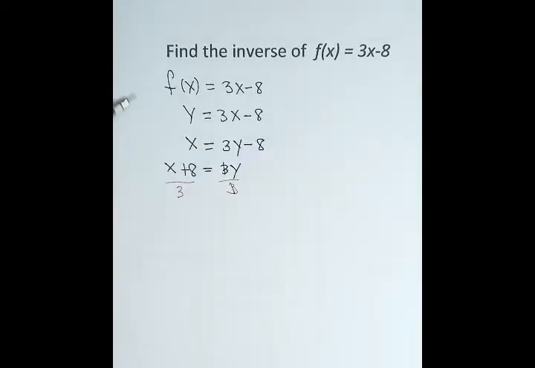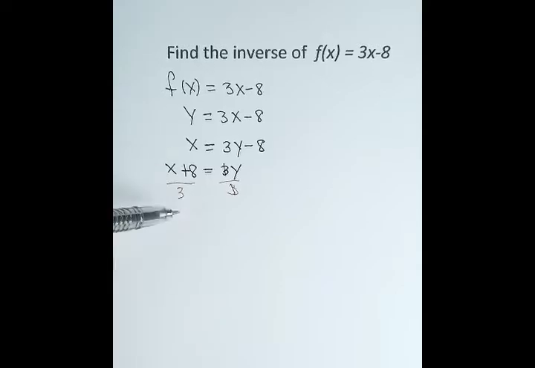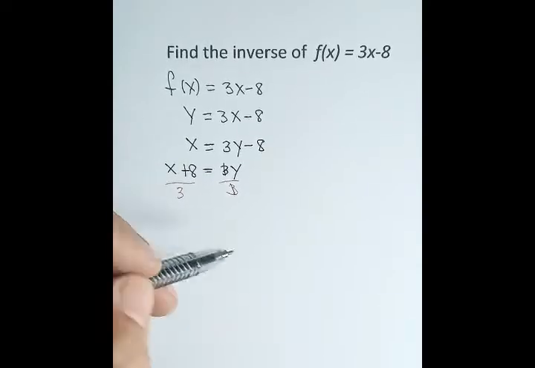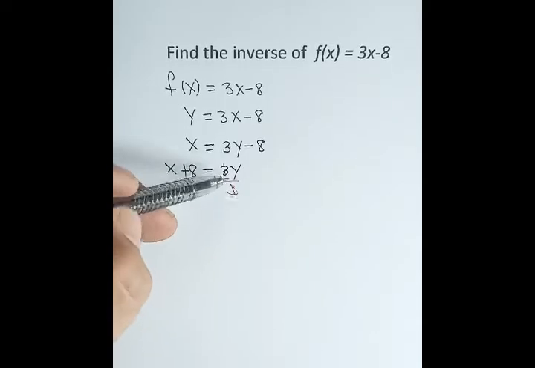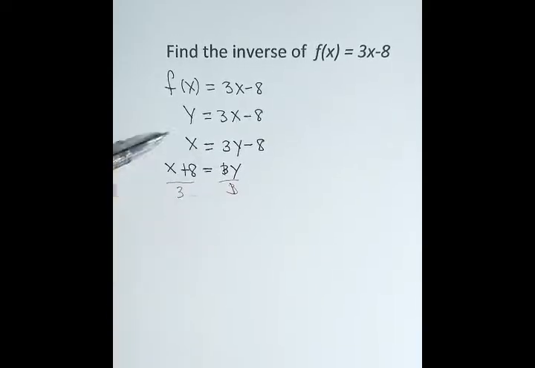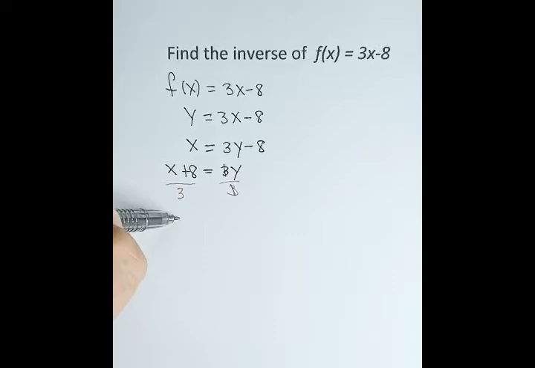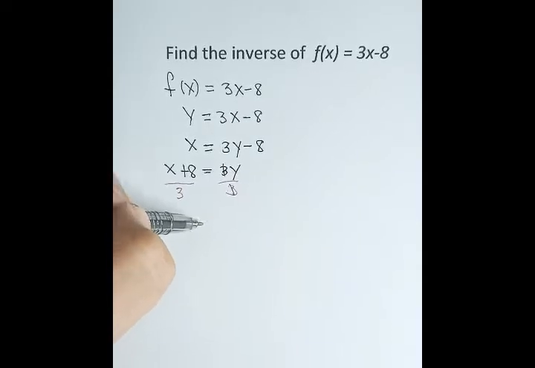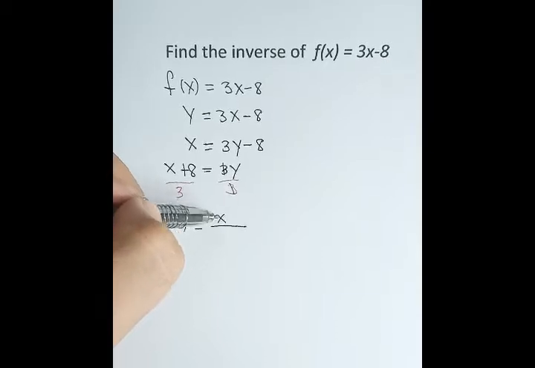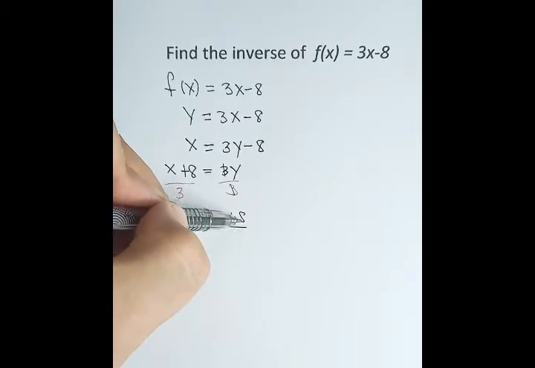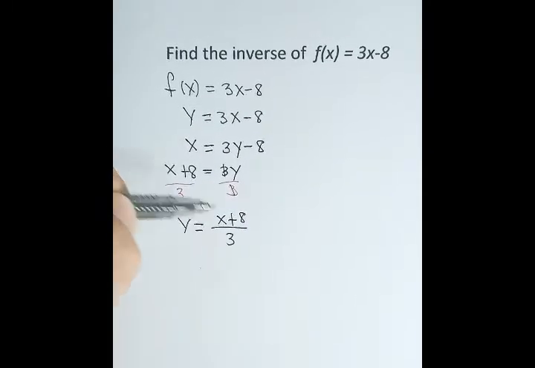Then we rearrange. We put the y variable on the left, then the x on the right. So what remains on the right is y, so we transpose it to the other side. So y equals x plus 8 over 3.